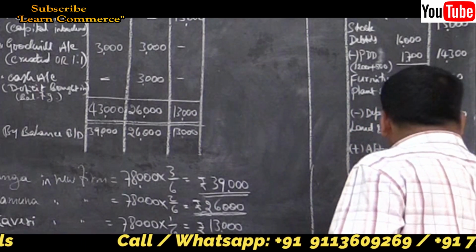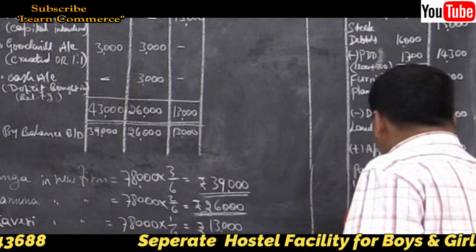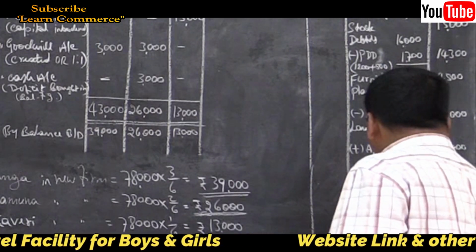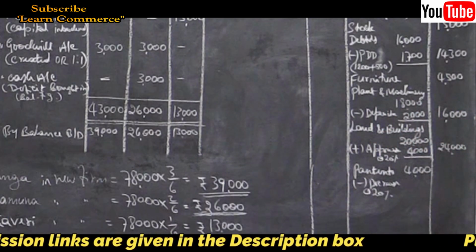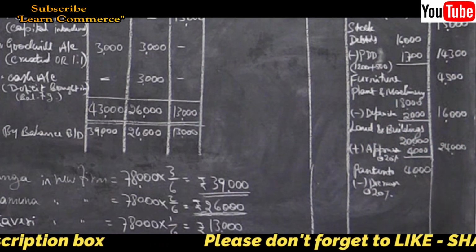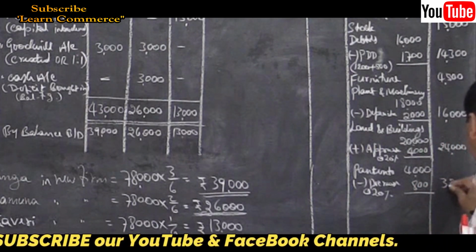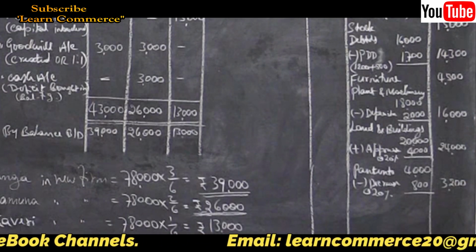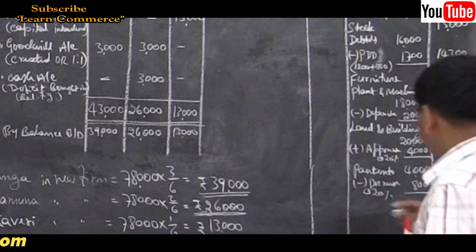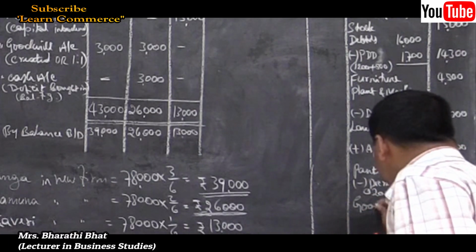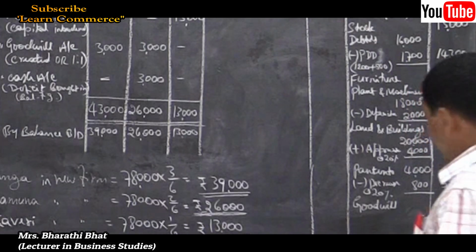So 4,000 minus decrease at the rate of 20%, 800. So 3,200 in outer column. Then goodwill, it is 6,000.